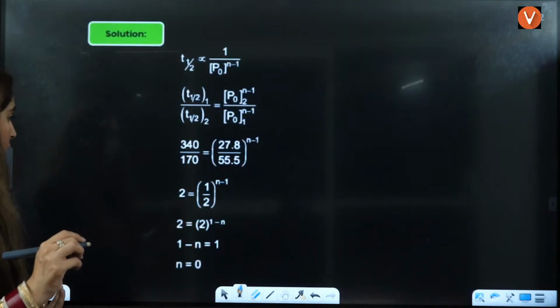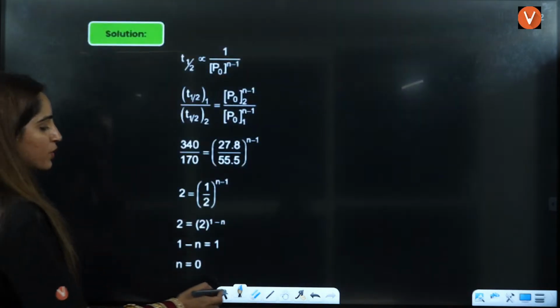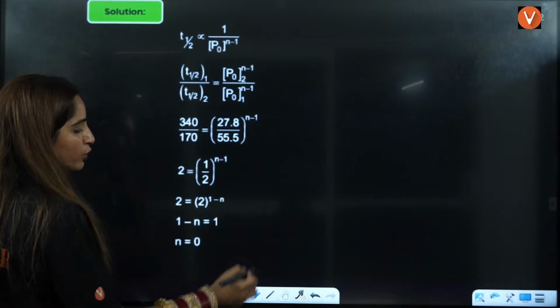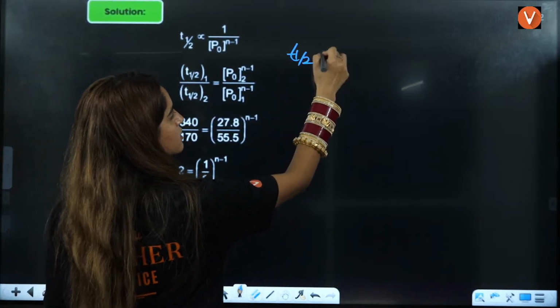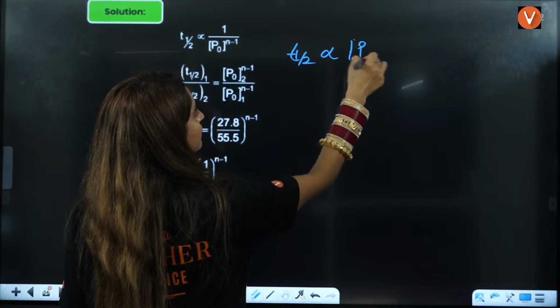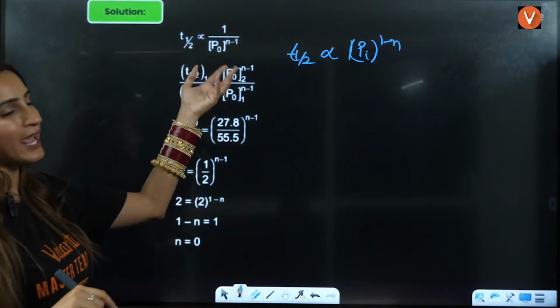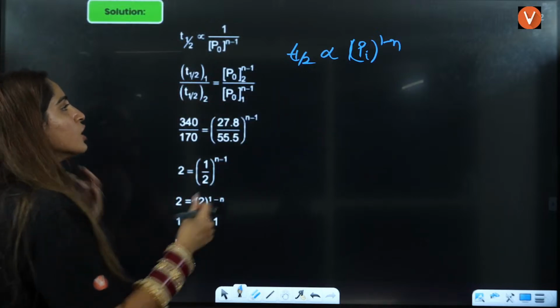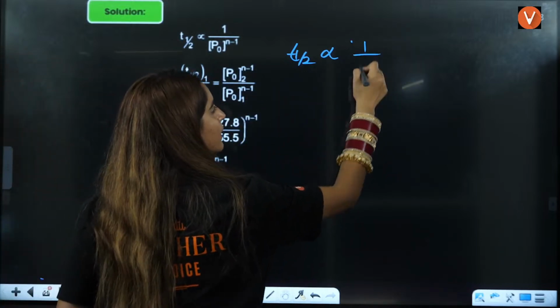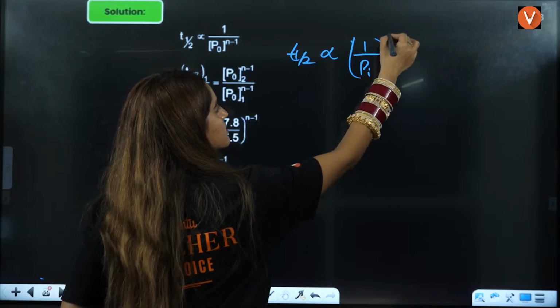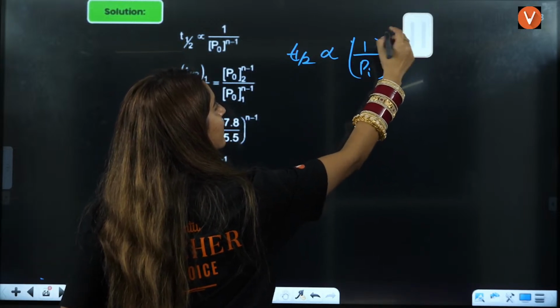So what you will do here, as you can see, I have told you that T half is directly proportional to P initial raised to 1 minus N. They have written it the opposite way, 1 by N minus 1, that is the same thing. So you can also write it as 1 by P initial to the power N minus 1.